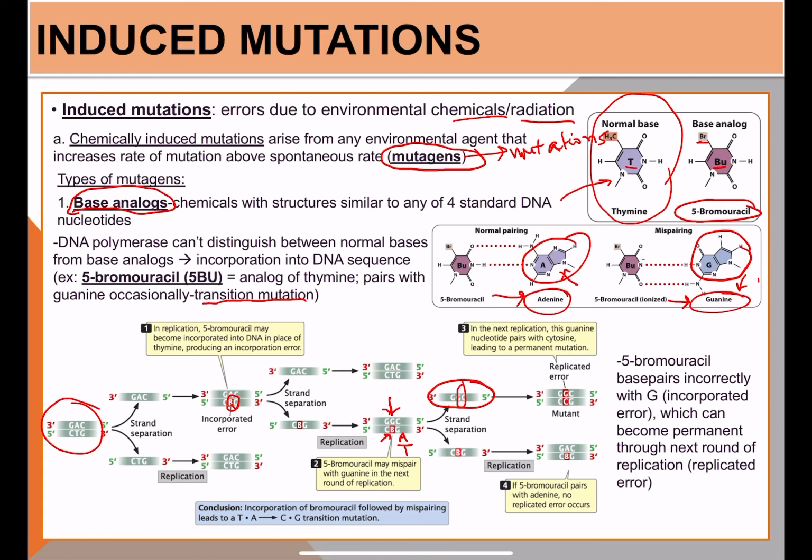So now it becomes a replicated error, because every time this particular DNA undergoes replication, it will forever have that G, okay? And then during replication it will pair with a C normally. It's just continuously going to do that and becomes a permanent replicated error because of this mispairing due to the existence of the 5-bromouracil. And this 5-bromouracil, if we don't get rid of it, it's going to continue to cause damage.